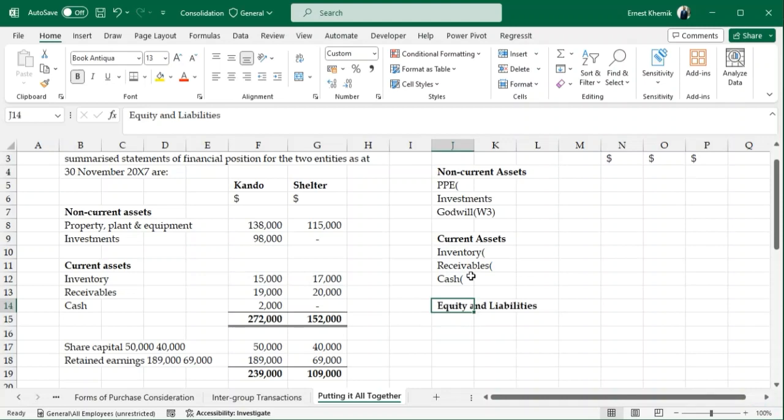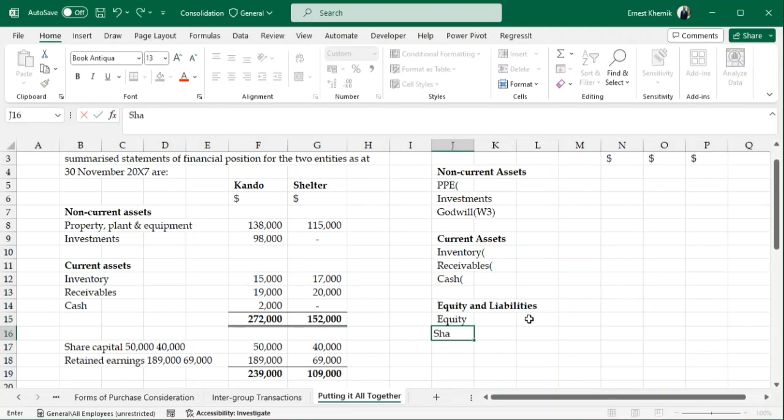For that, I will have equity, and for the equity I have share capital. We will also have retained earnings, and we know that our retained earnings is going to be coming from workings 5.